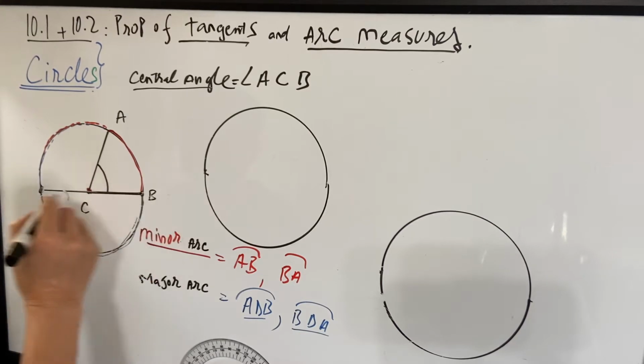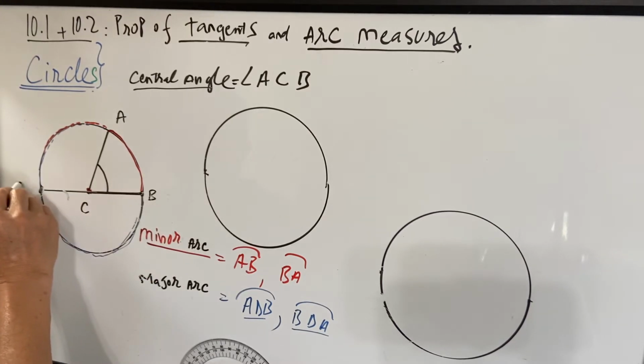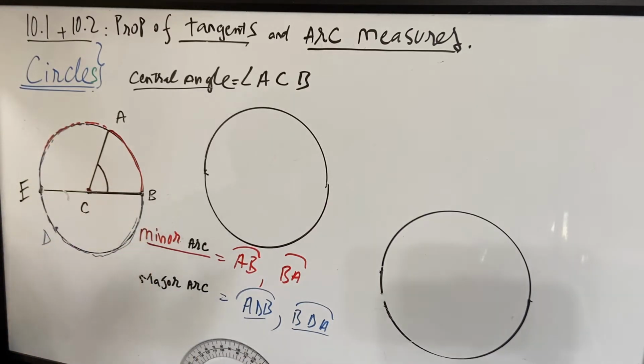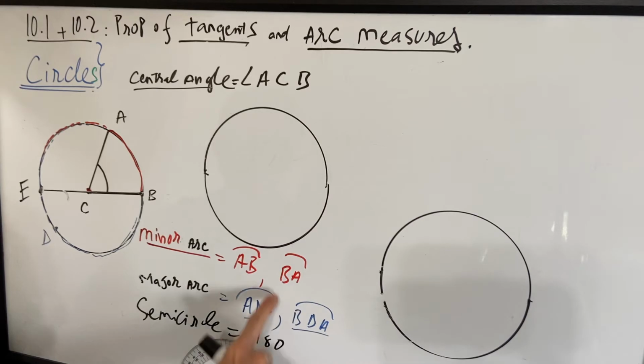Let's call this E. Semicircle EB, half of the circle, is 180 degrees. So you see all three are related to one another. Semicircle is 180 degrees. Minor arc is less than 180. Major arc is bigger than 180. That is their relationship right there.